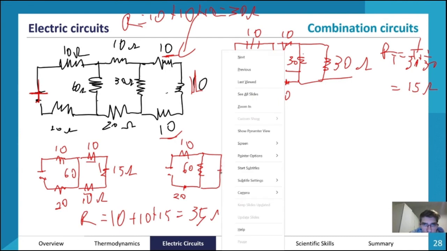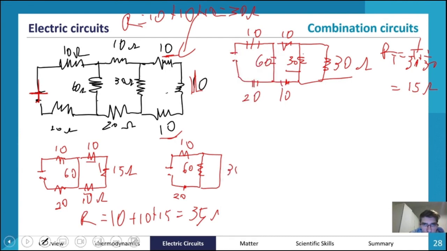So that is a resistor of 35 ohms here. However, the 35 and the 60 resistor are connected in parallel with one another. So you have to redraw that again, and take it very slowly now, because now it gets very complicated.